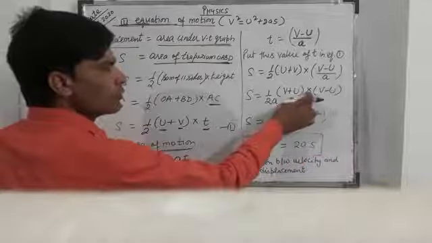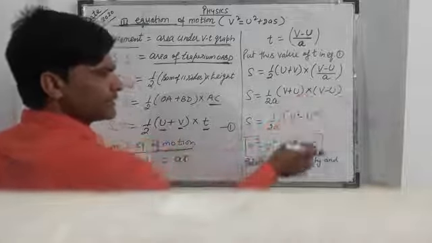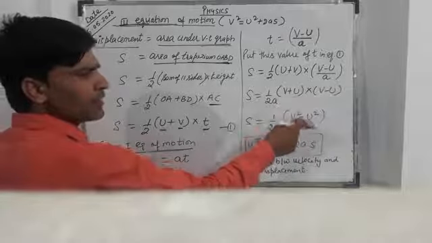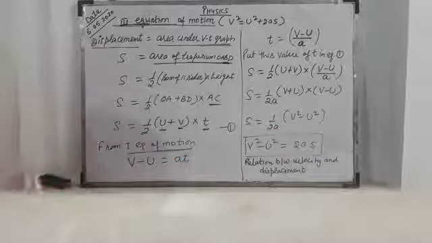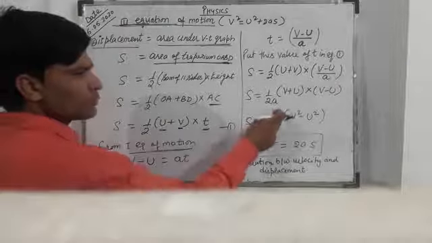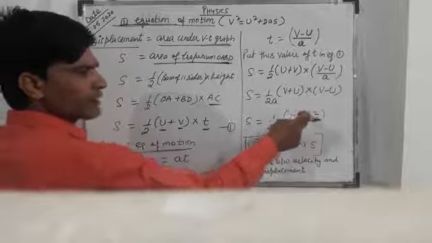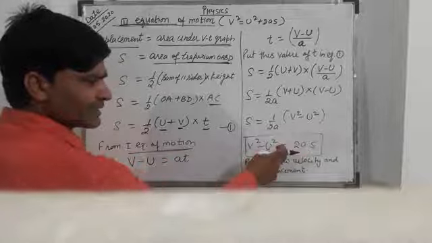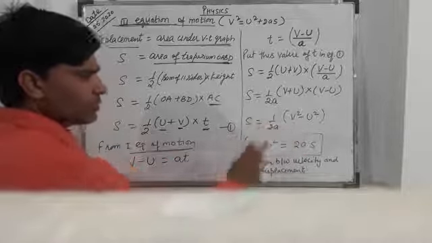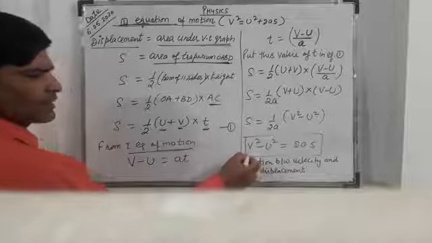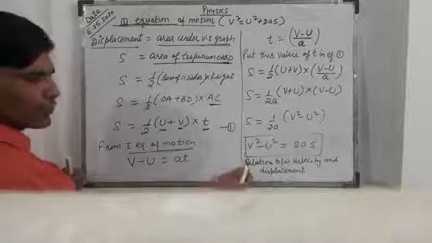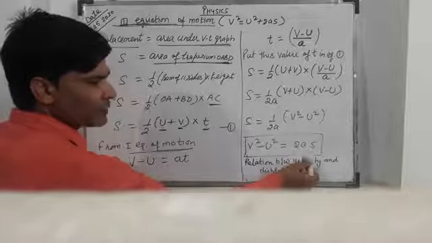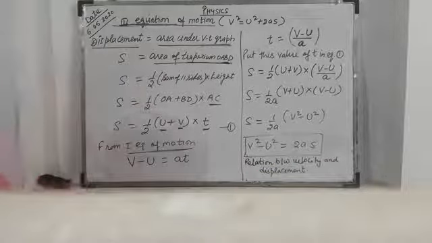From the identity a square minus b square, we get v square minus u square. So s is equal to 1 upon 2a into (v square minus u square). Then v square minus u square is equal to 2as. This is the third equation of motion, and this is also the relation between velocity and displacement.